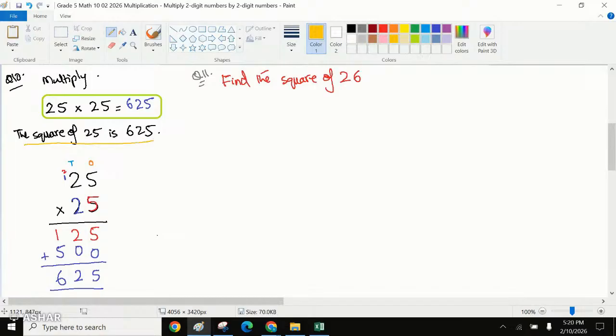So whenever we hear the term square, that means this number will be multiplied by itself. That means 26 should be multiplied by 26. That's a little additional information I'm giving to you. So let's see what happens when 26 is multiplied by 26.